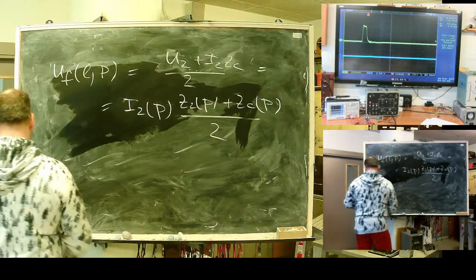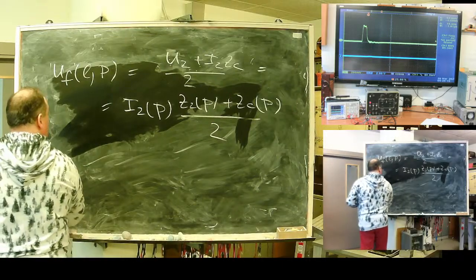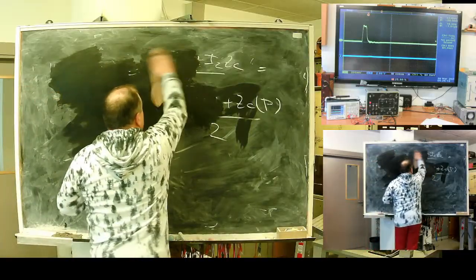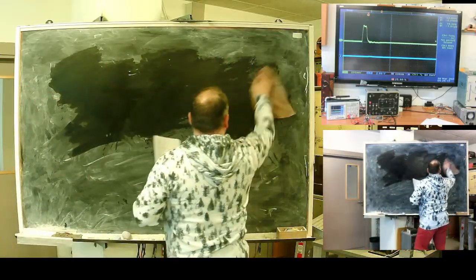Backward going wave or reflected wave. This one is forward, or better call it falling wave.